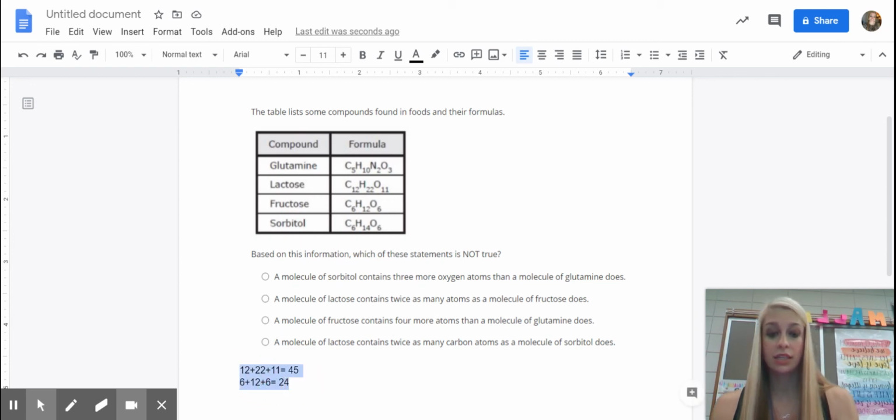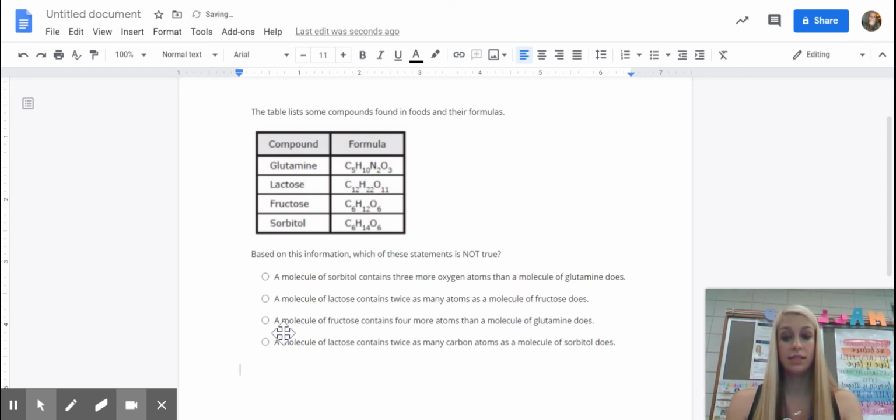The correct answer is C. It says a molecule of fructose contains 4 more atoms than a molecule of glutamine. So fructose contains 6 plus 12 plus 6 equals 24 atoms total.